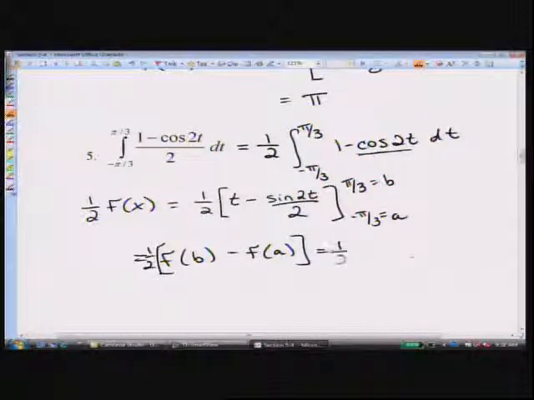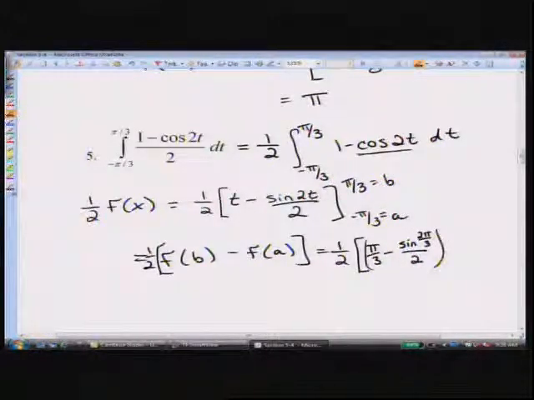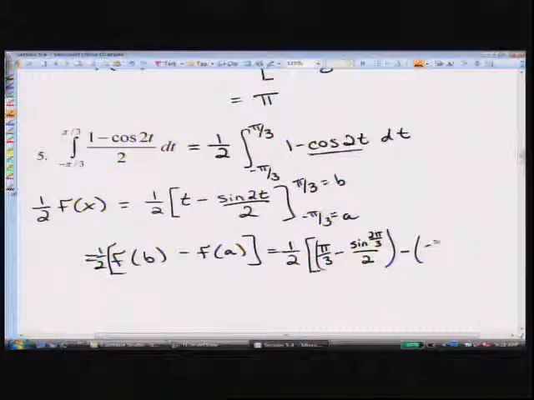So this is going to be 1/2 times f of B, which is pi/3 minus the sine of 2 pi/3 divided by 2, minus negative pi/3 minus the sine of negative 2 pi/3 over 2.